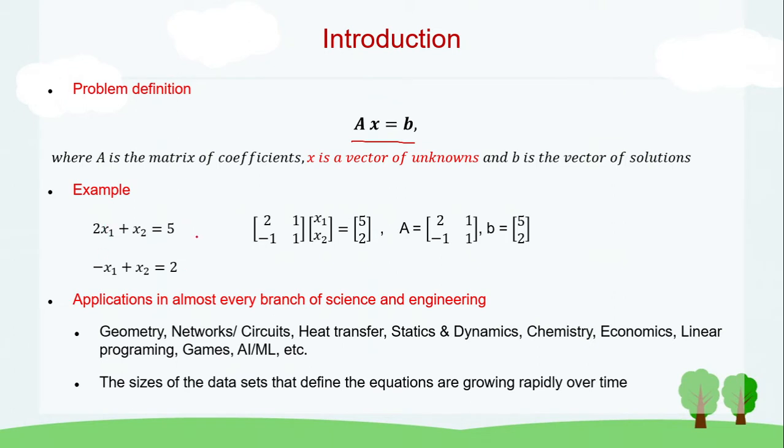So 3x1 equal to 3, so x1 equal to 1. And when you substitute x1 here, you will get x2 as 3. So it's simple as long as the number of variables is small, like in this case only 2, but it becomes very difficult when the size goes up.